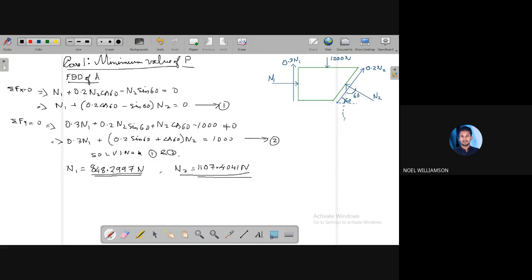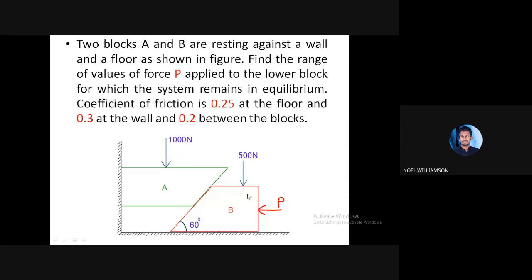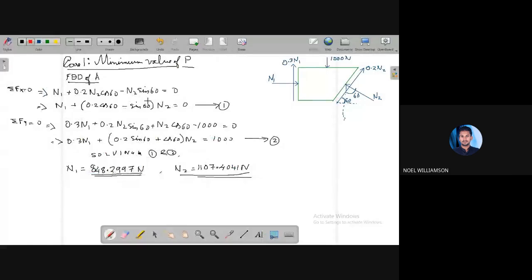Now we have to draw the free body diagram for B also. This is B. Now the weight is 500 Newton.